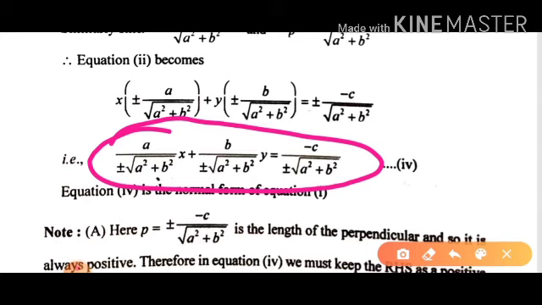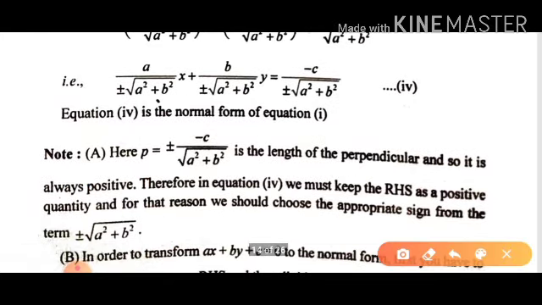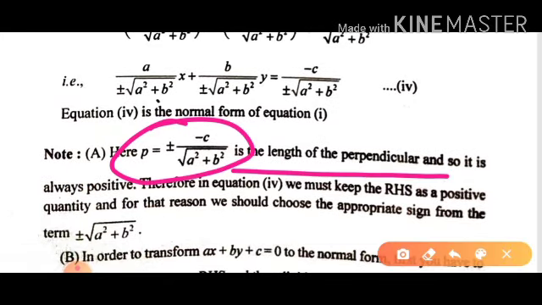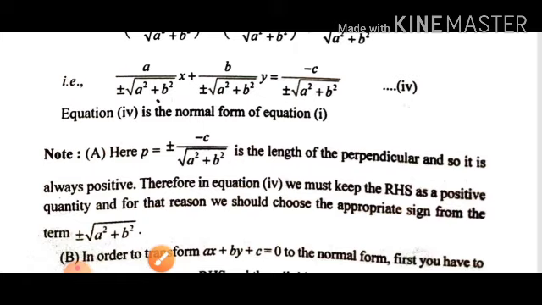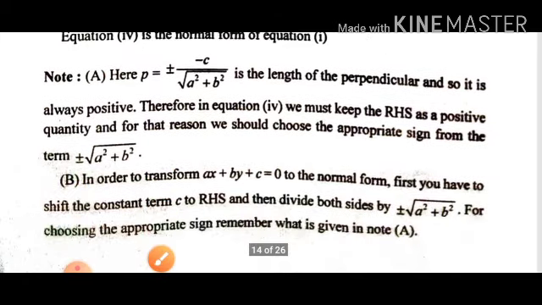So what they did was substitute the value of cos alpha, sin alpha and p. This p is the length of the perpendicular, and it is always positive. We always keep this right hand side positive, and we choose the appropriate sign from this term, either positive or negative.